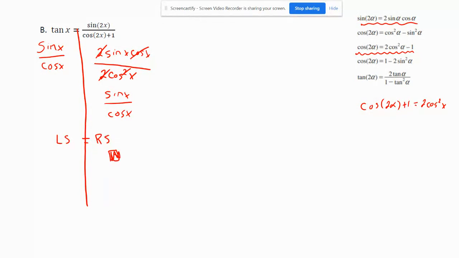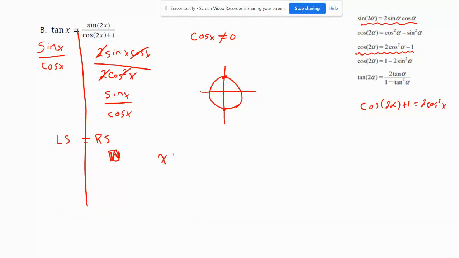And now let's just consider our non-permissible values here. We have a cosine in the bottom of these fractions over here, so that means that cos x cannot equal 0, which happens at the top and the bottom of our circle over there.